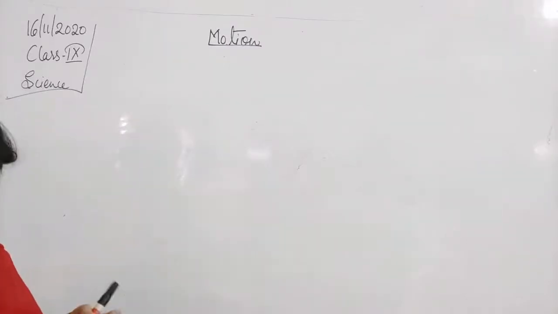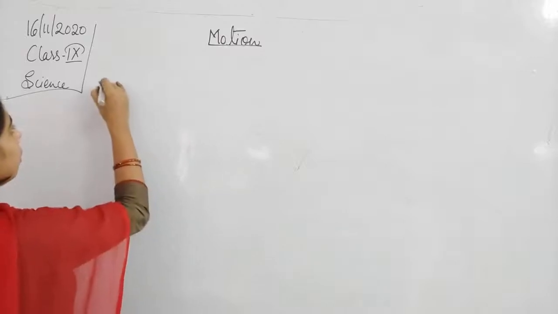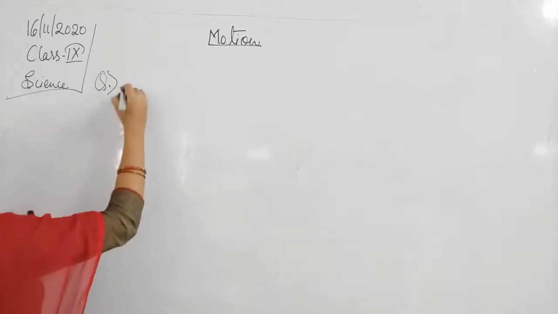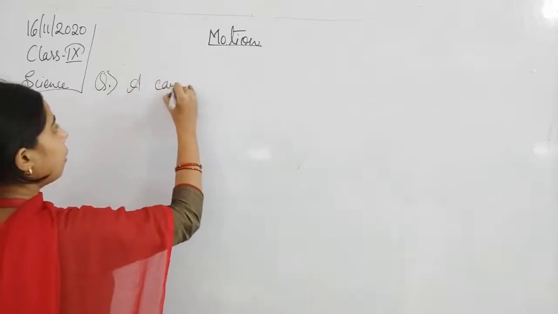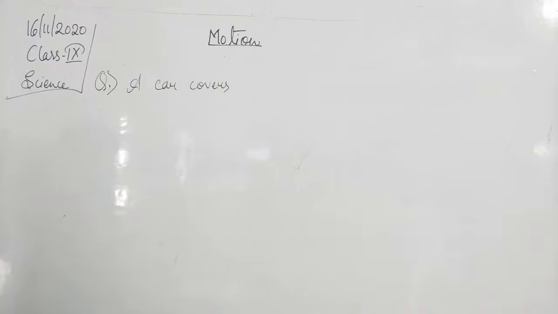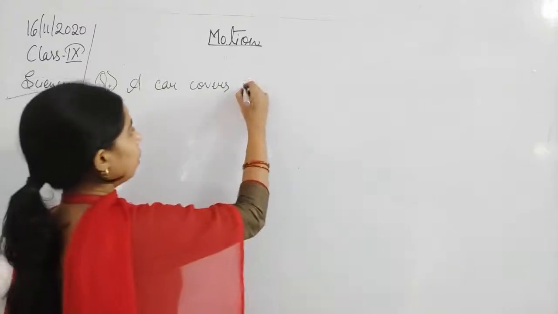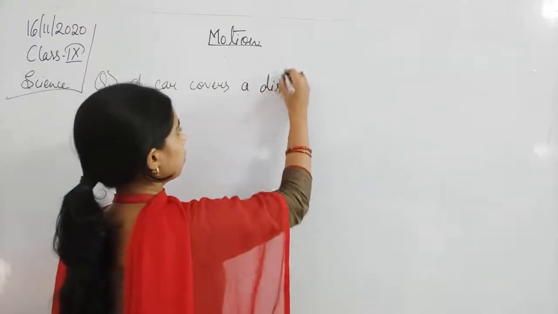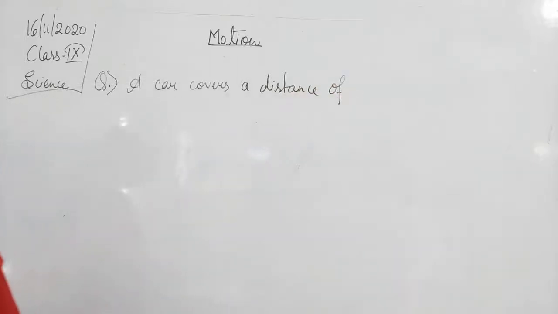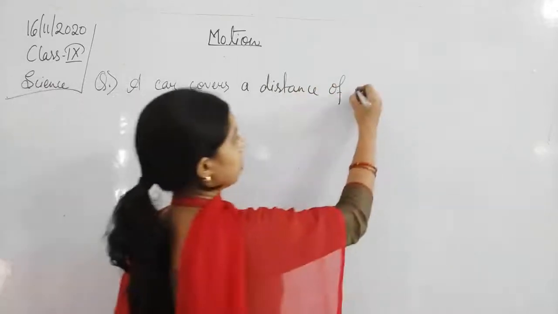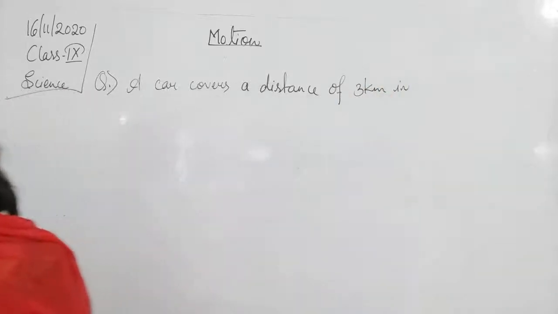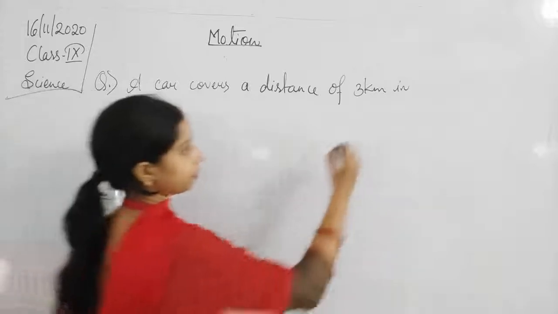So you see, students, the first question is: a car covers a distance of 3 kilometer in 5 minutes.